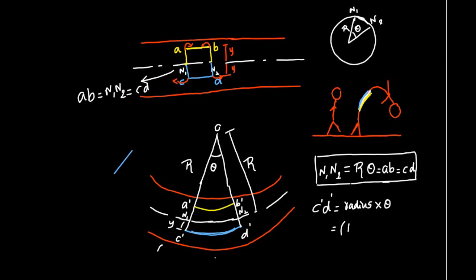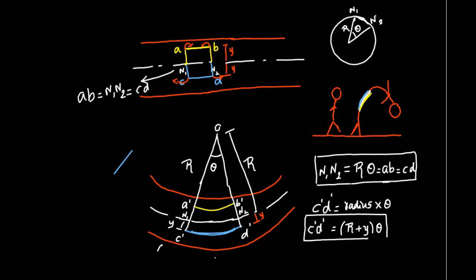It's r plus there is an extra distance, which I can represent by this red color here, y. It's r plus y. So it's r plus y into theta. So that is the new arc length C dash D dash.